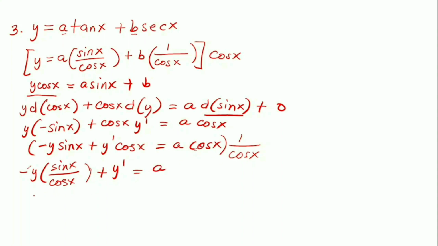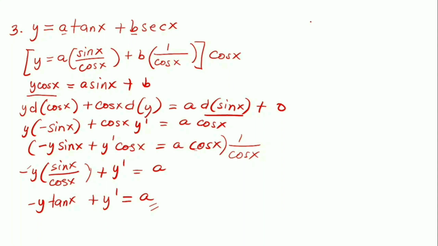So, negative y sine x over cosine x is tangent of x, okay, plus y prime is equals to a. Okay? So, pag ganito na ang equation mo, and that's the time that you need to proceed to find the second derivative. Okay? In order to eliminate the remaining constant, which is yung a.